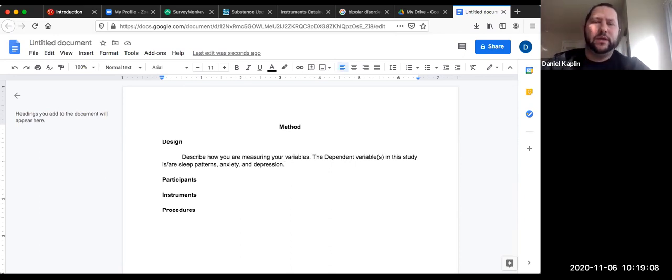So this could be, you could be looking at ethnic variations in sleep patterns, anxiety, and depression as a function of the pandemic.